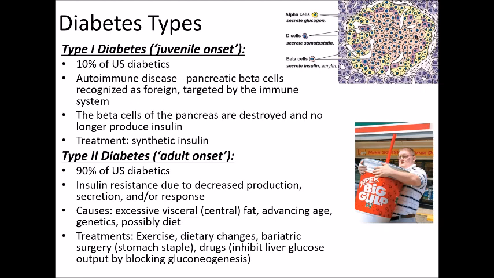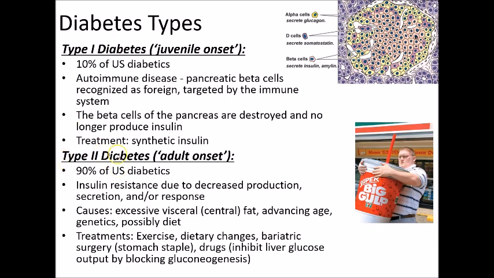That would have to be injected or somehow get into the body because you couldn't take it orally due to the fact that insulin is a protein hormone. It would be broken down before it got into the body and absorbed in the blood. So the only treatment is synthetic. So sometimes these people are called insulin-dependent diabetics because they must take insulin as part of the treatment.